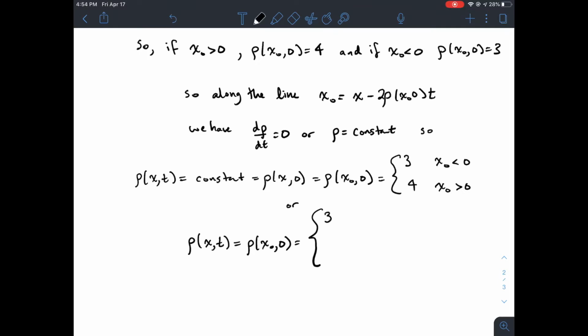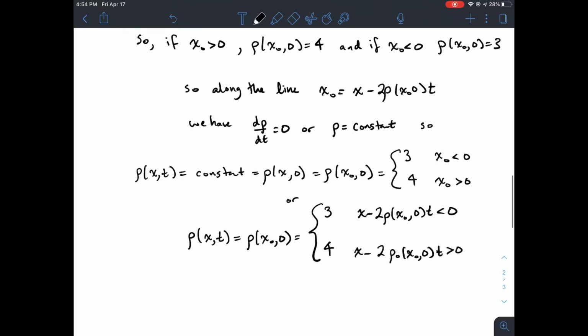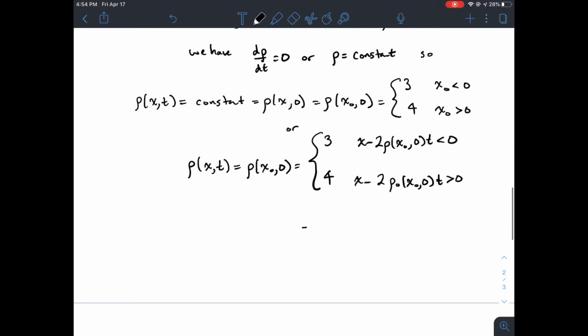I'm going to get x minus 2 rho of x naught t less than 0, and it's 4 for x minus 2 rho of x naught t greater than 0. Okay, but now I have to be a little bit careful, because I have two possible values, right?